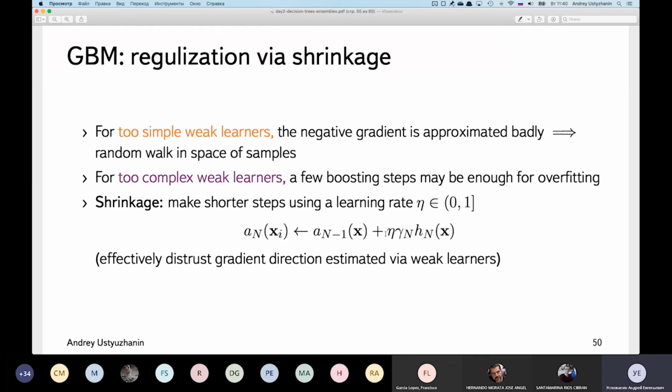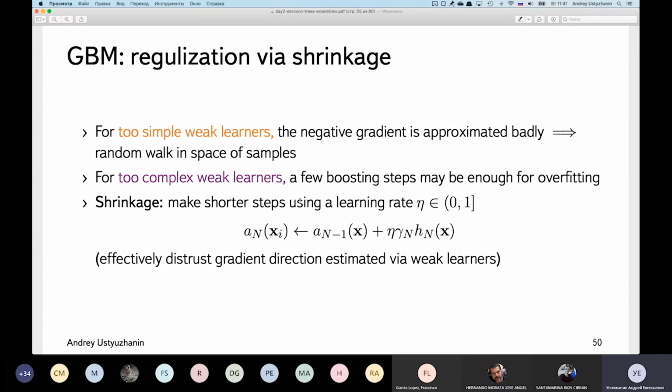To regularize gradient boosting over decision trees, we can introduce some randomness in the space of samples, and for complicated weak learners, a few boosting steps may already be enough for overfitting.